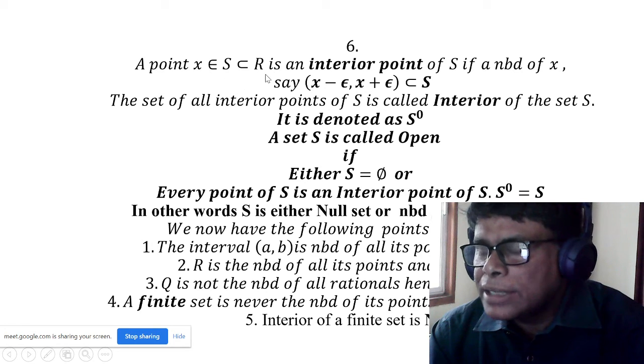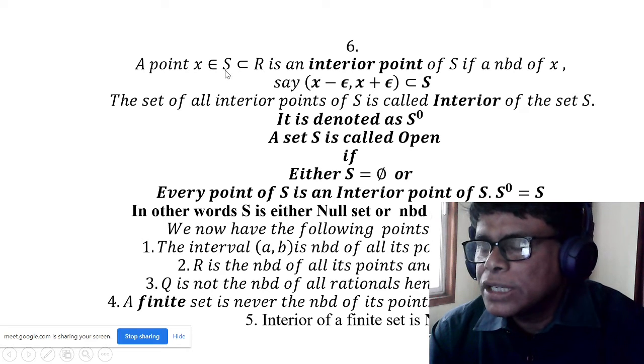So R is a set, S is a subset. Whether the subset is open or not will be decided by whether every point of S is an interior point of the same set.